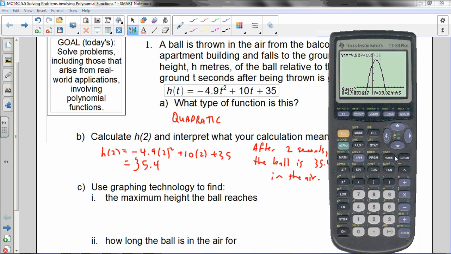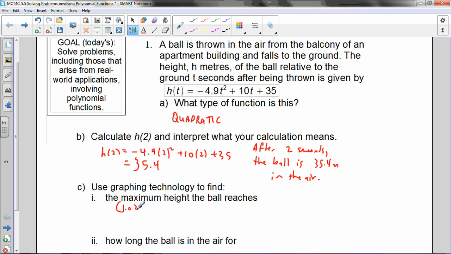And then a guess. 1.02 and 40.1. Now, this is the maximum of the parabola. What's the maximum height? A little sentence: it's the y value, right?